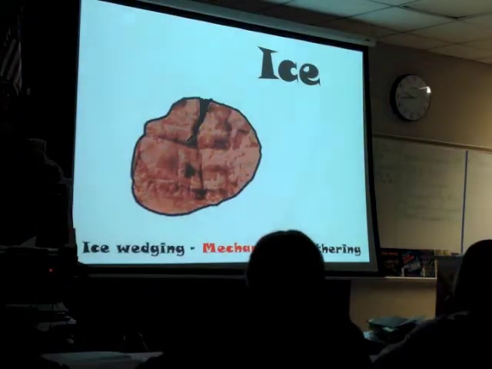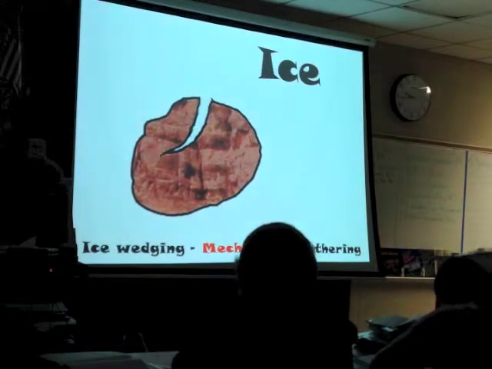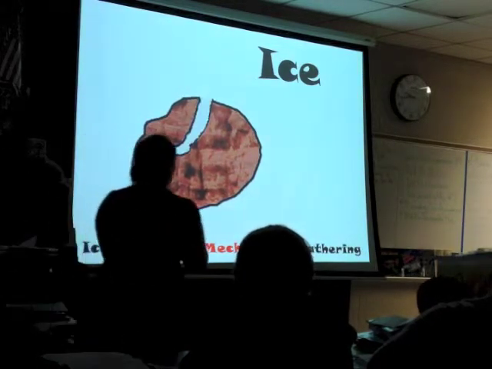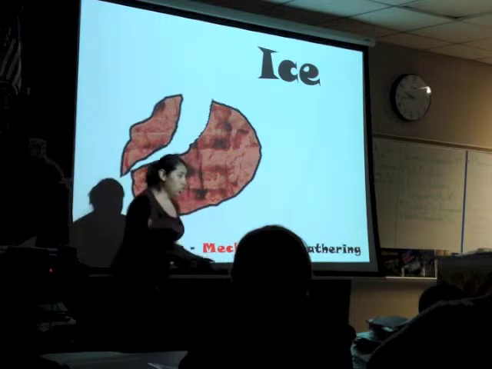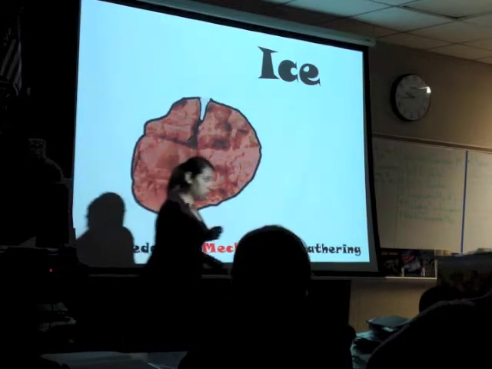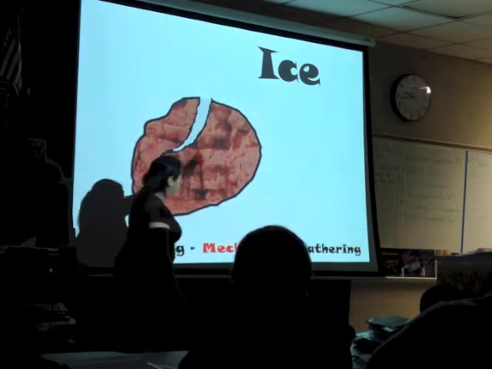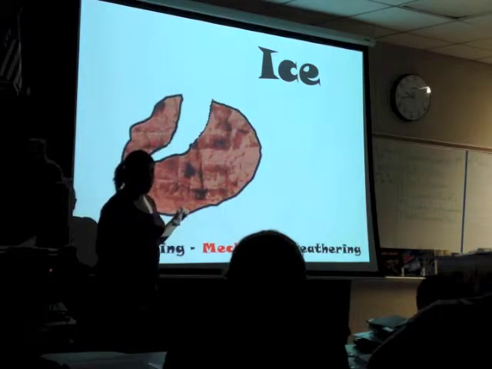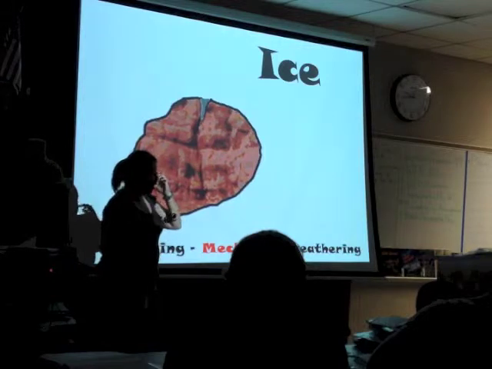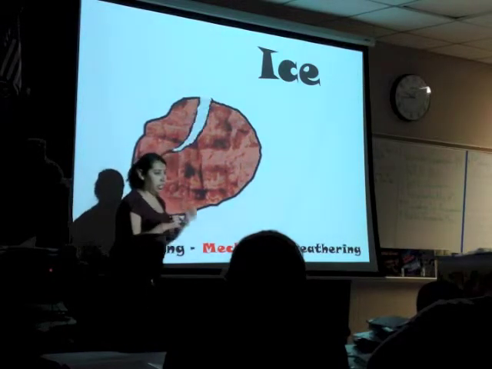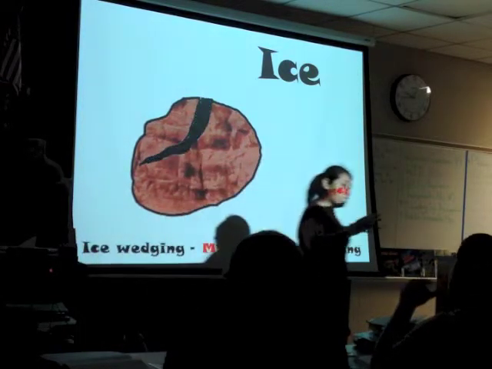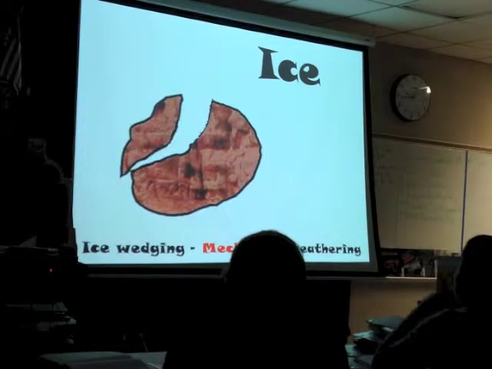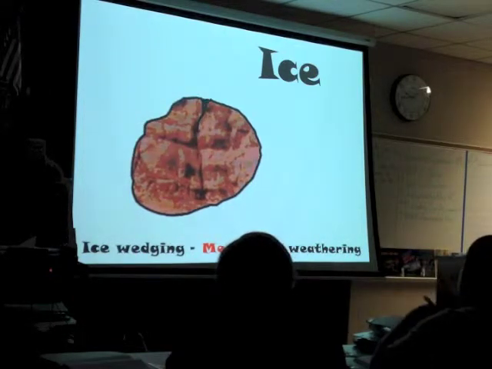Alright, the other thing is ice wedging. Ice can cause mechanical weathering. Obviously, rocks aren't smooth and have little cracks, correct? Yes. So if it has a little crack, water gets in there. We don't see this a lot around here because we don't have a lot of freezing temperatures, but they see it a lot up north. Water goes in there, and when it freezes, it expands. I'm sure at one time or another you left a Coke in the freezer, and it exploded on you.